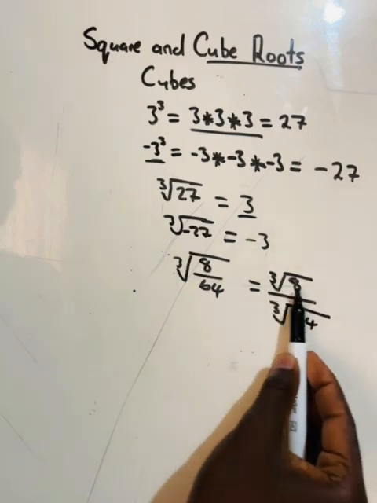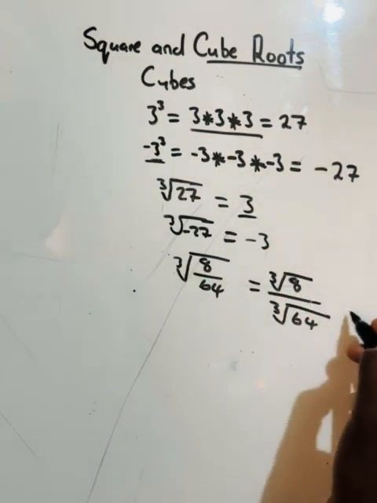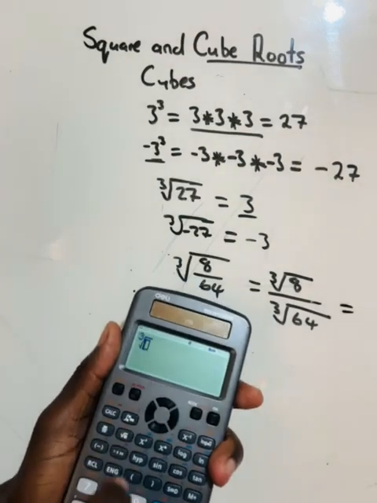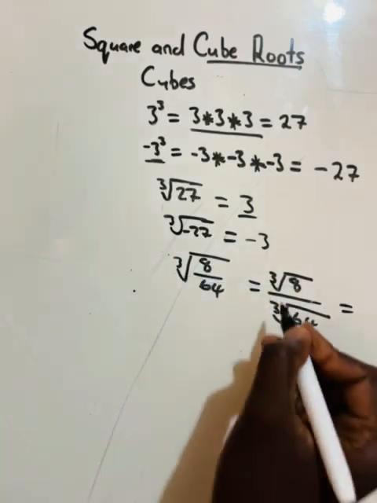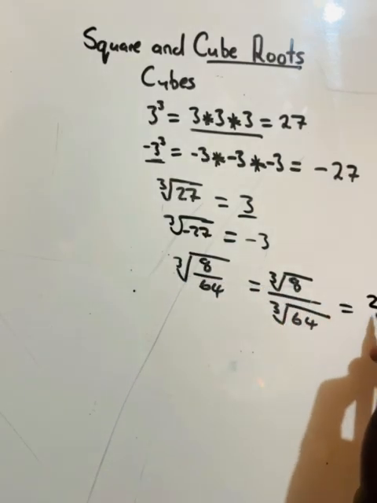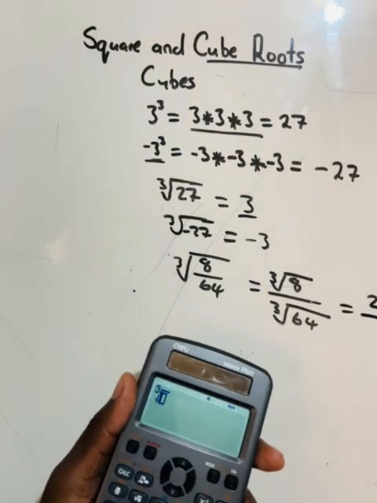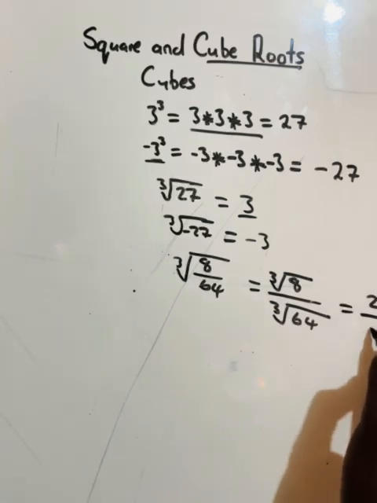Which number multiplied by itself 3 times gives us 8? That's what it means. So we press our cube root and say 8, and we get 2. So the cube root of 8 is equal to 2, all over. If we say cube root of 64, we get 4.